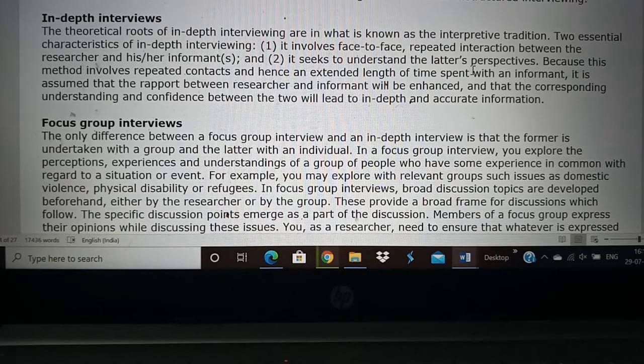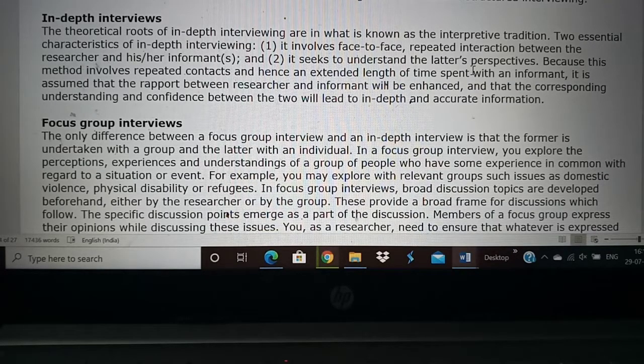And you have to understand the perspective of the person you are interviewing. Okay, their view, perspective means their way of understanding, that has to be understood by you. So that is why it is called an in-depth interview. Here it takes a lot of time, it builds a relationship between the interviewer and the person being interviewed.